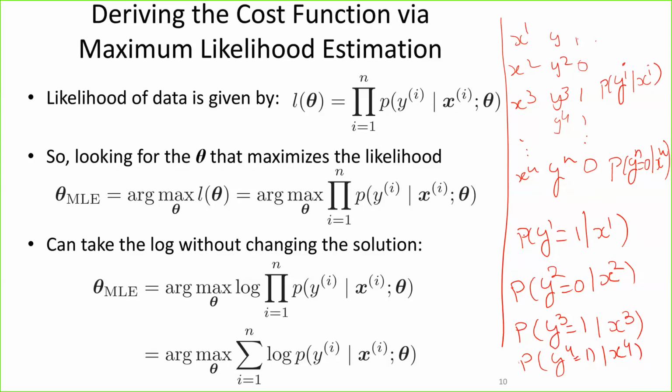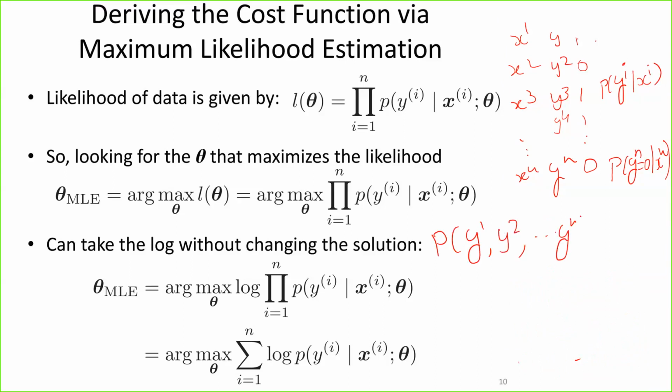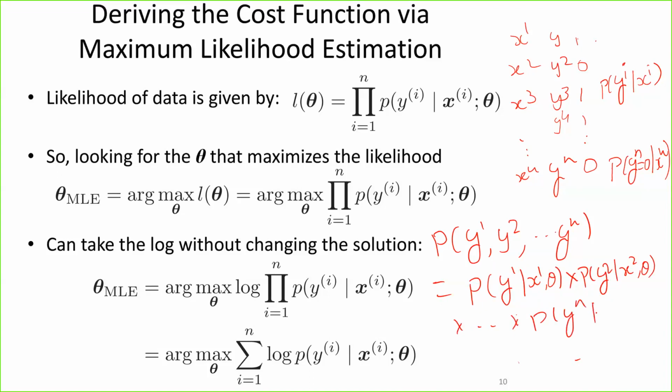If you want the probability of the whole data set, assuming the instances are independent and identically distributed, IID, then the joint probability of y1, y2, and so on up to yn is the multiplication of all the probabilities: probability of y1 given x1 and theta, times probability of y2 given x2 and theta, and so on, up to probability of yn given xn and theta. This is the likelihood of the data.